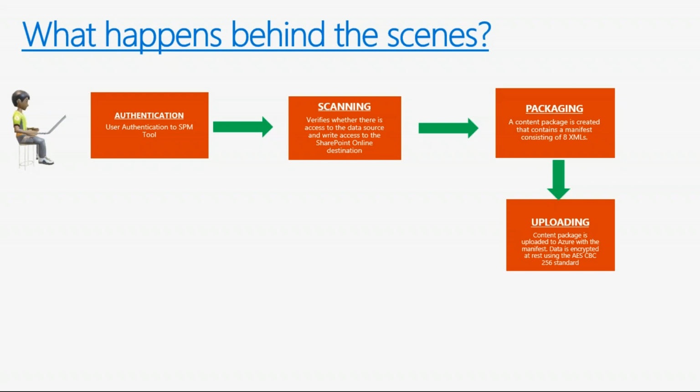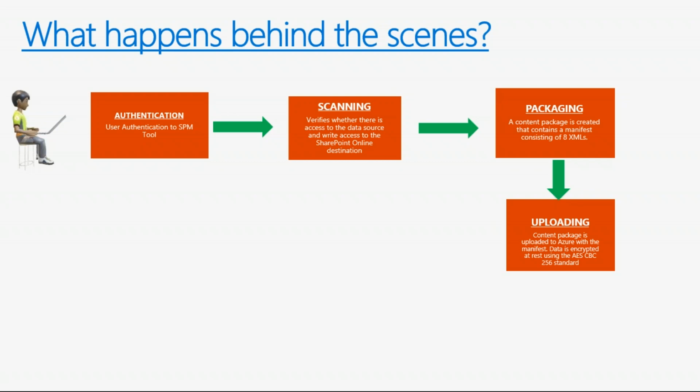Now that the packaging is done and the scanning is done, it has to upload. So a content package is uploaded to Azure. Anybody who knows how SharePoint infrastructure is run on Microsoft knows it is done on Azure, and here it takes advantage of your Azure blob storage as well.